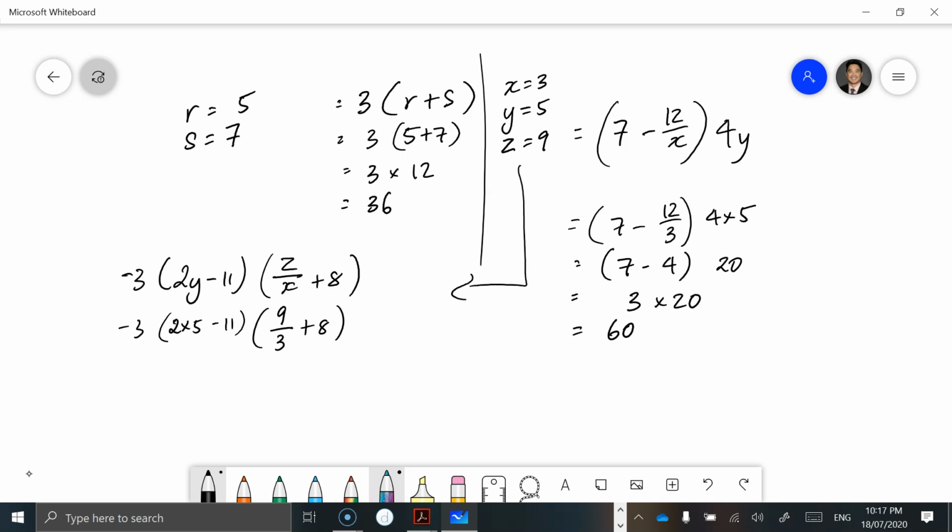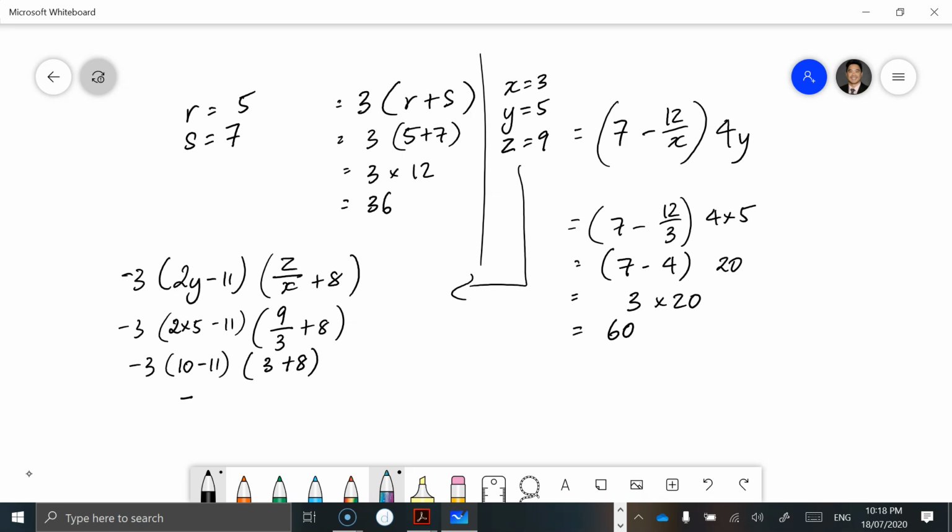With BODMAS, we want to multiply inside the first bracket first. So 10 minus 11, and then we know that 9 divided by 3 is 3. Like I said, the more confident you are, you can start skipping things. I'm putting a lot of detail here for you to be able to track and see what's going on. 10 minus 11 is minus 1.